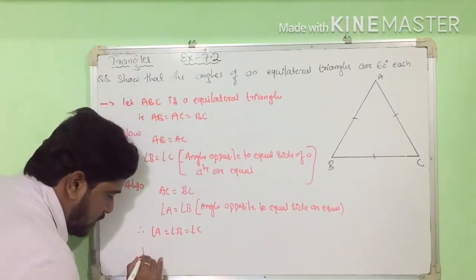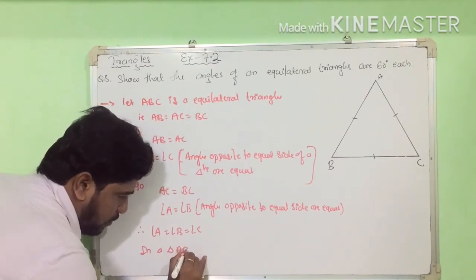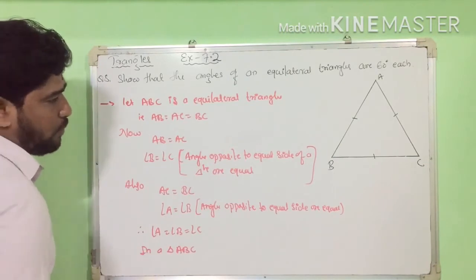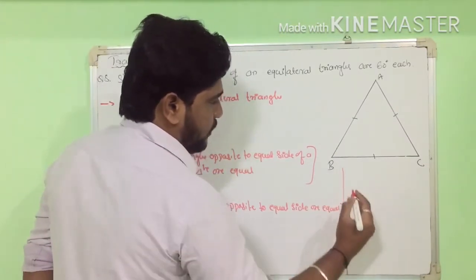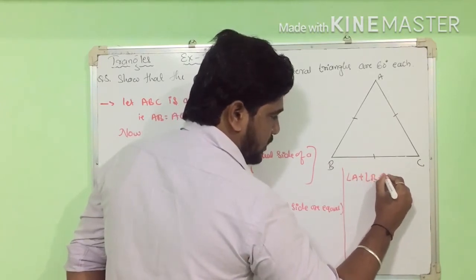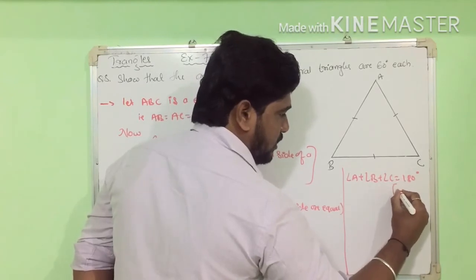So in a triangle ABC, apply angle sum property. This becomes angle A plus angle B plus angle C is equal to 180 degrees.